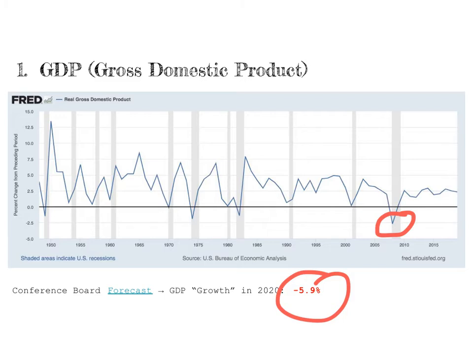On a quarterly basis, and you might have heard this in the news, the numbers look even scarier. In the second quarter, the Conference Board expects the US economy will shrink by 30%. 30%. That's a third of goods and services produced less than what we usually make.